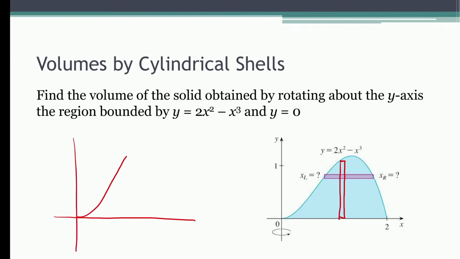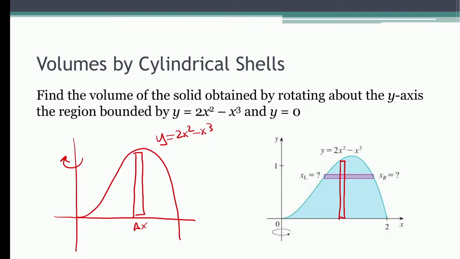So here's this function, y is equal to 2x squared minus x cubed. Imagine chopping up this thing using these rectangles, which is the way we're most comfortable anyway, and then rotating those rectangles around the y-axis. You're no longer going to get washers. You're going to get these things.